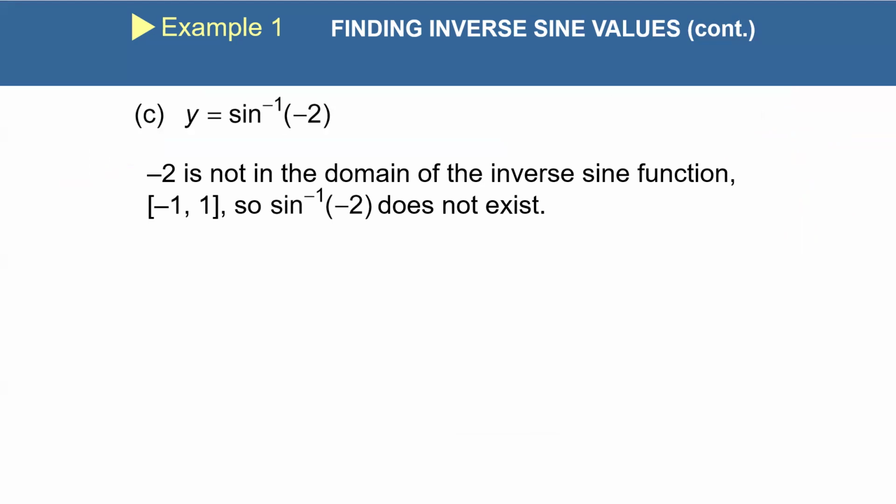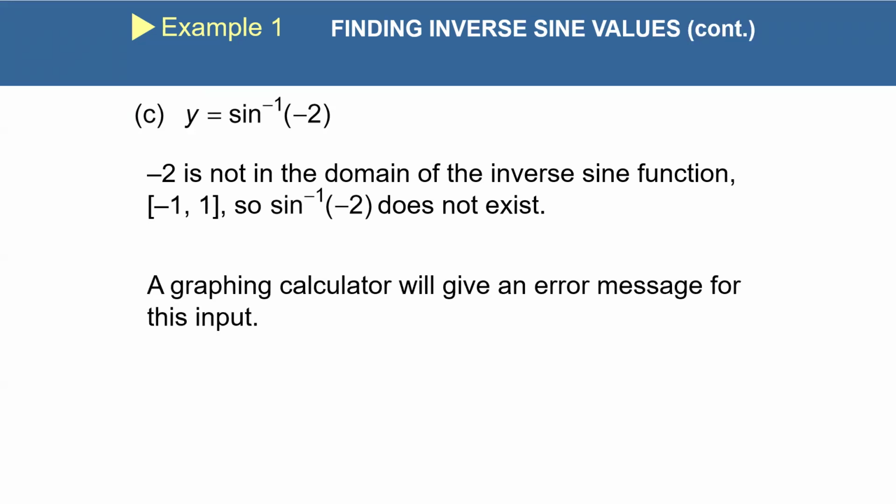Our domain of our inverse function is from -1 to 1. Does -2 fall in there? No. So guess what that means? No solution. It does not exist. And if you were to type it in the calculator, it's going to give you an error. You're like, man, what did I do wrong? That's if it's on the calculator part of the test.